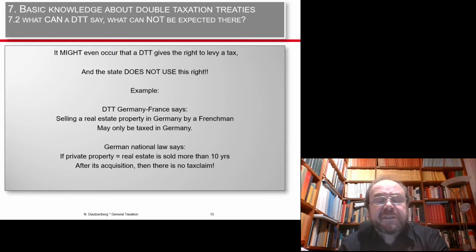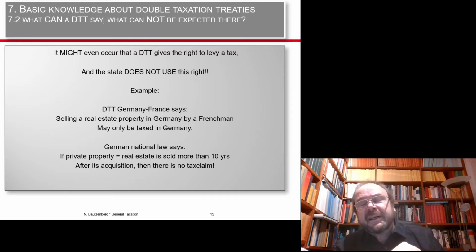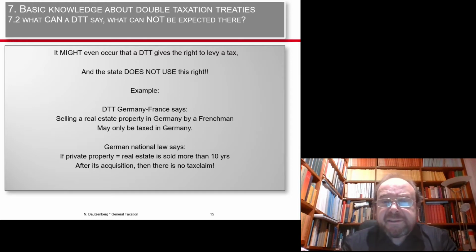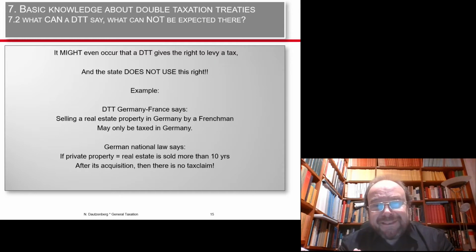One of the exceptions is, for example, in case that you sell real estate, private property, a house, a building, that will be taxed if you sell it within the first 10 years after acquisition. Under the present state of affairs, only if you sell within the first 10 years after acquisition.